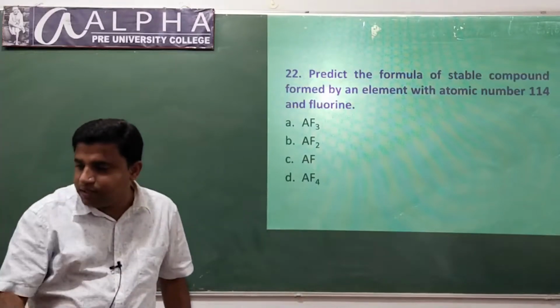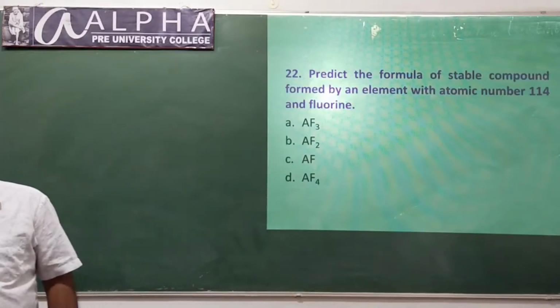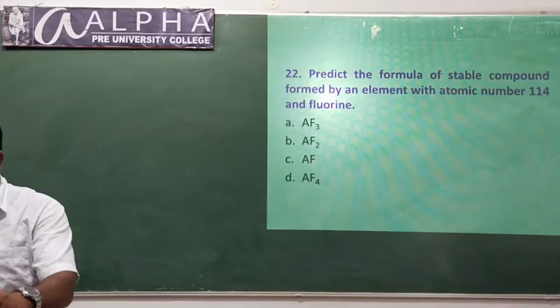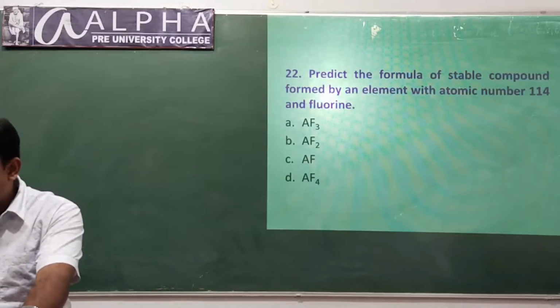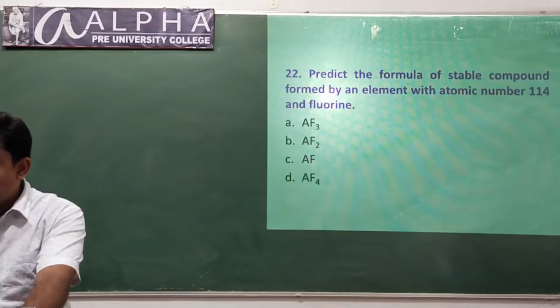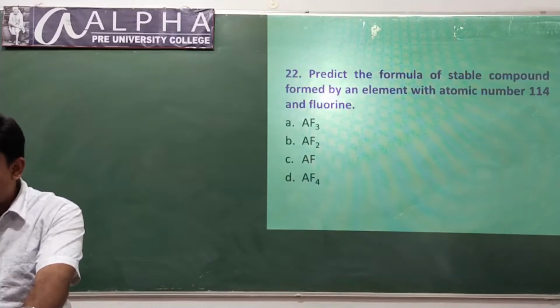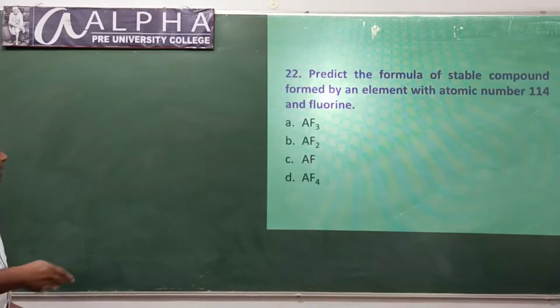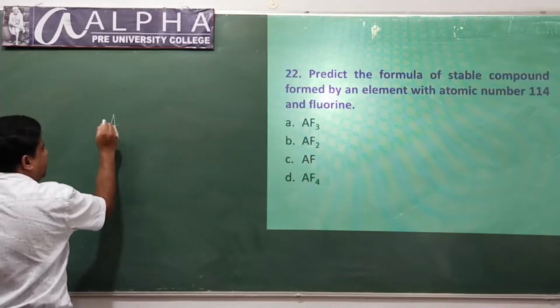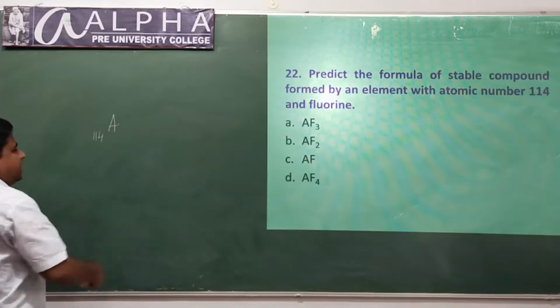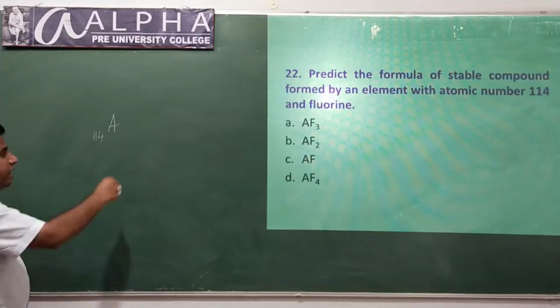The question says, predict the formula of a stable compound formed by an element with atomic number 114 and fluorine. So we have an element A with atomic number 114, and we have fluorine.